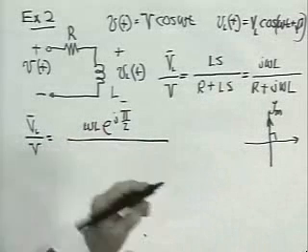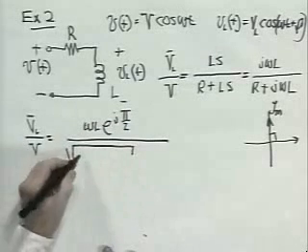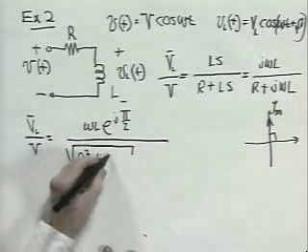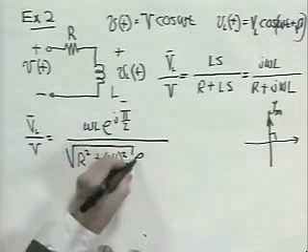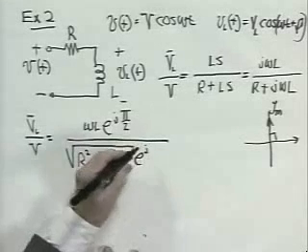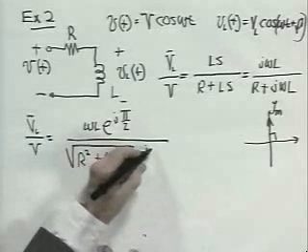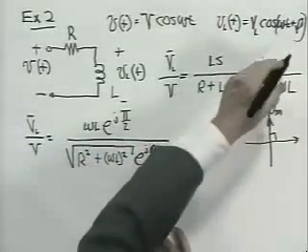The denominator in polar form, proceeding just as we did in the first example, is the square root of the sum of the squares of the real and imaginary parts, R squared plus omega L squared, e to the j phi. I'll call this phi, but this is a different phi than the one I put up there.